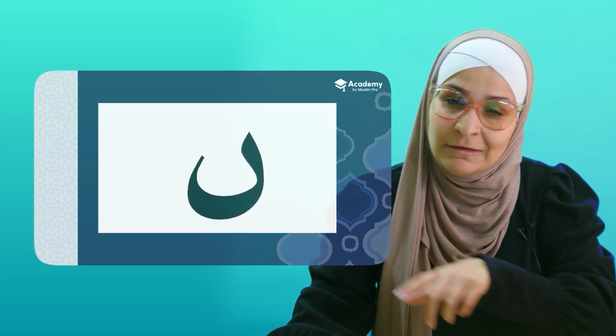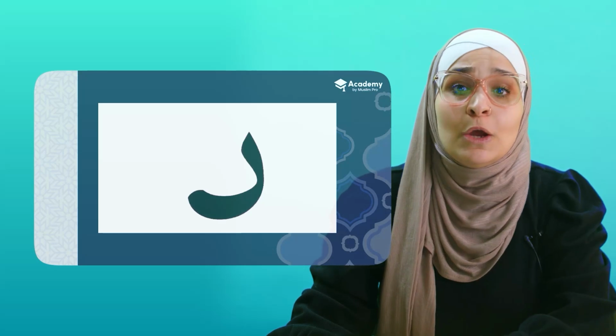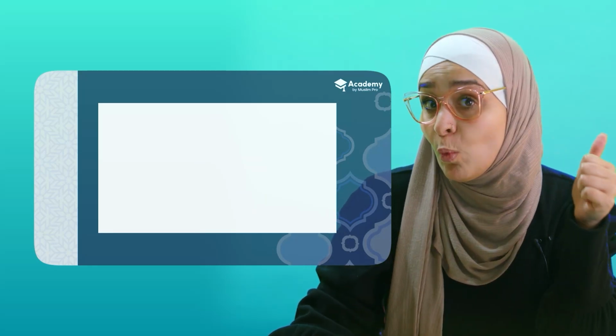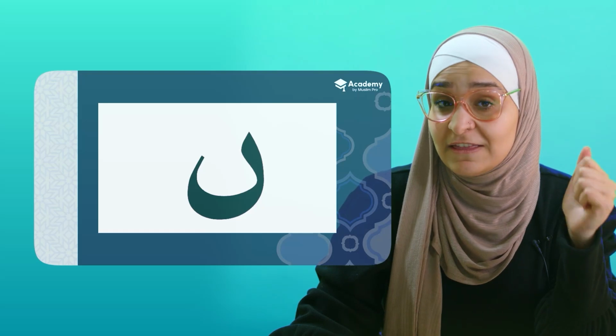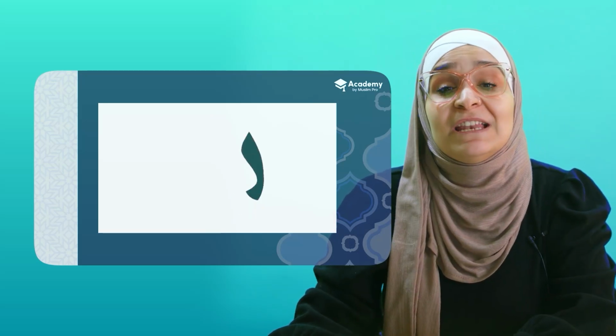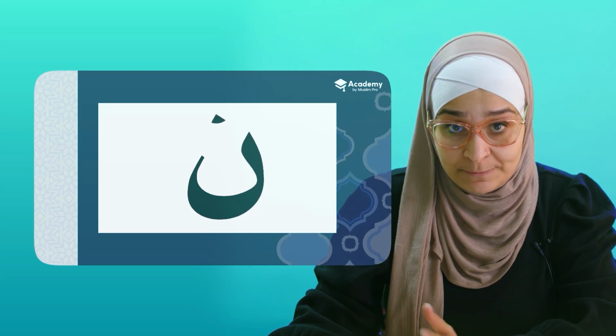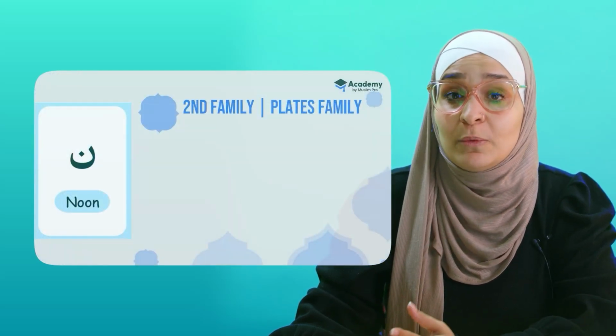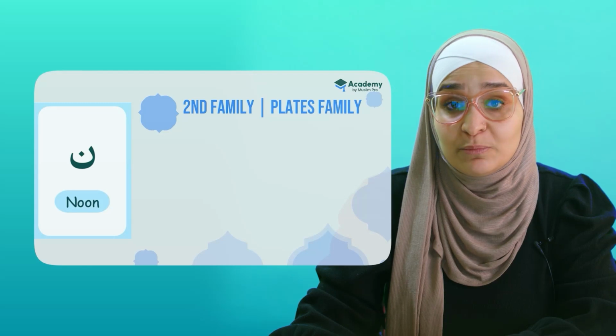So remember, it's not flat, it has a circle shape, with one dot on it. So if I have one dot positioned on the letter, it means this is an N, or noon.